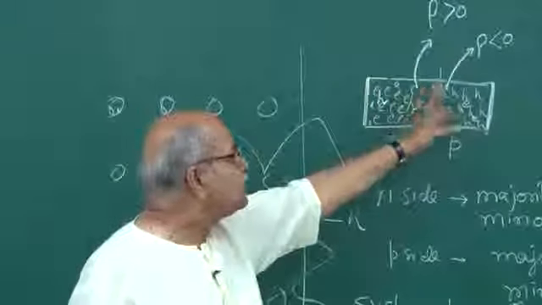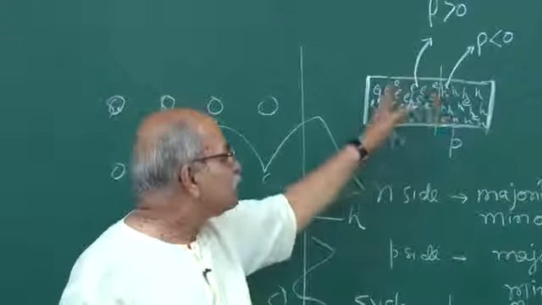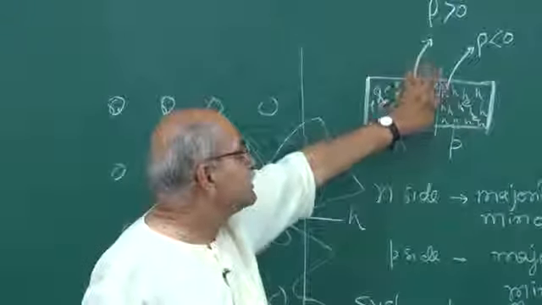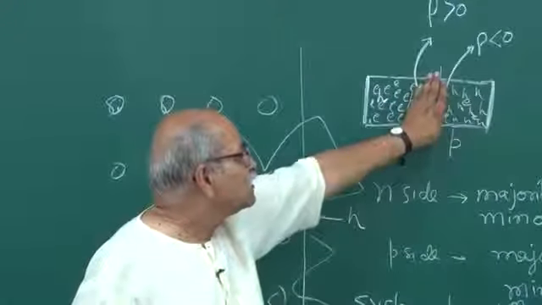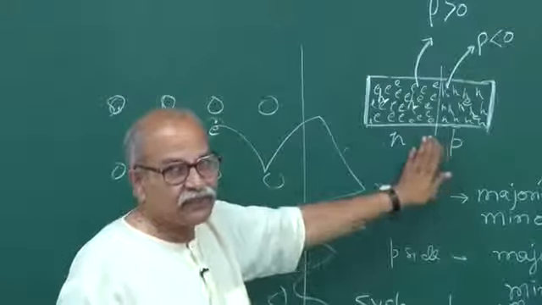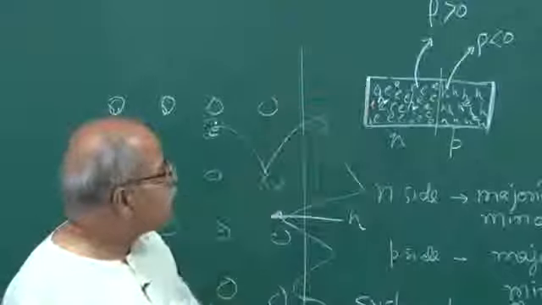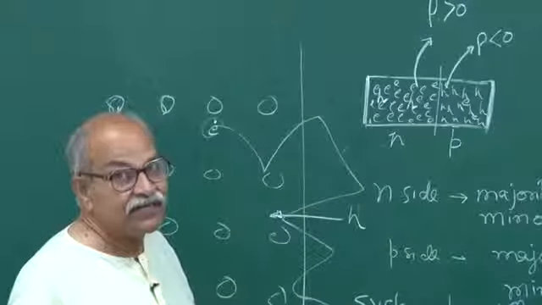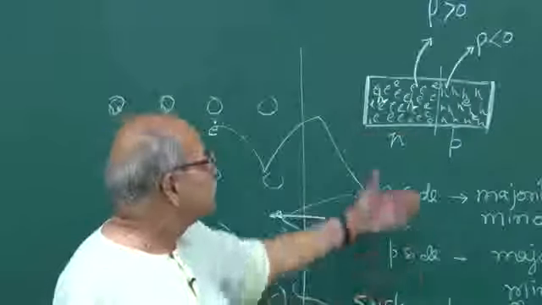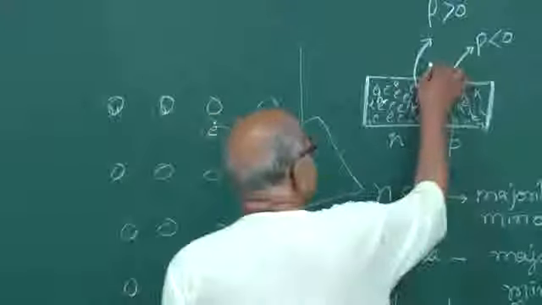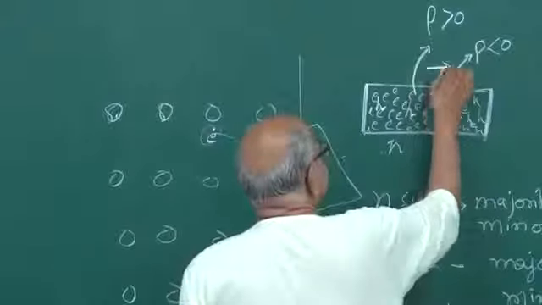Close to the junction this will happen, and away from the junction the situation is still neutral. So this charge density appears only in a small portion which is close to the junction. Why? That is because once the charge densities are there, you will also have an electric field. Okay? If the positive charge density is here and the negative charge density is here, you will have an electric field like this.